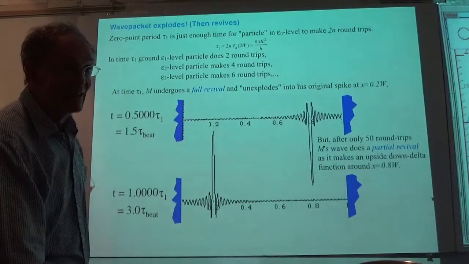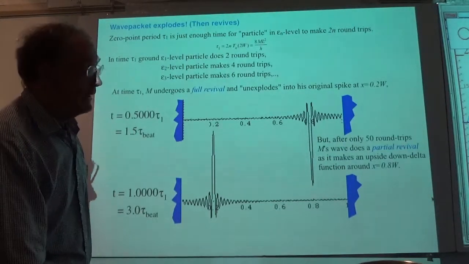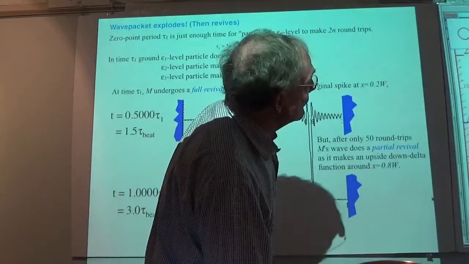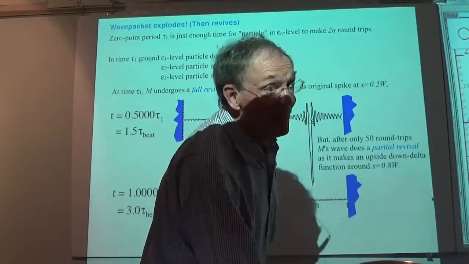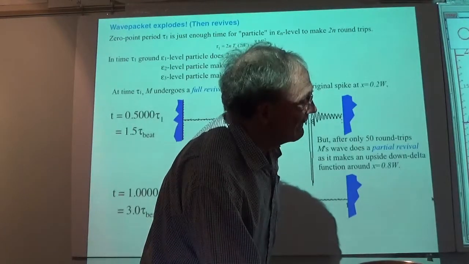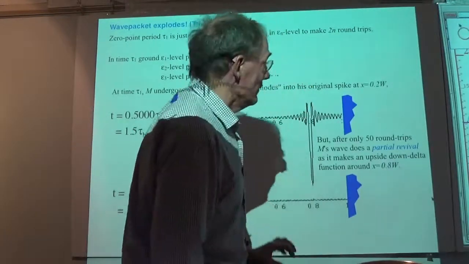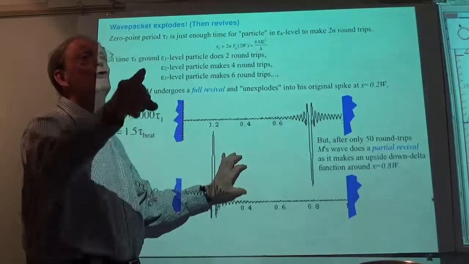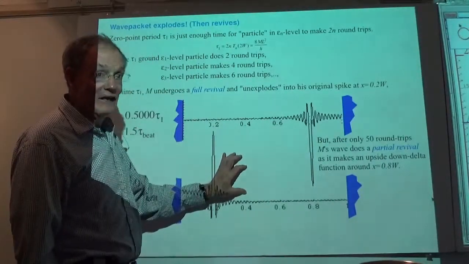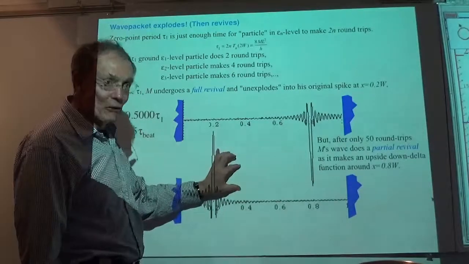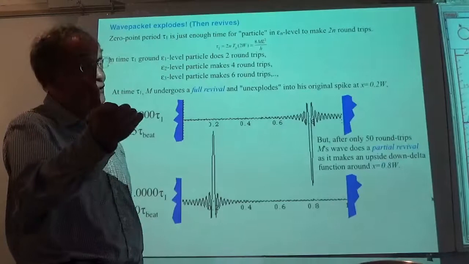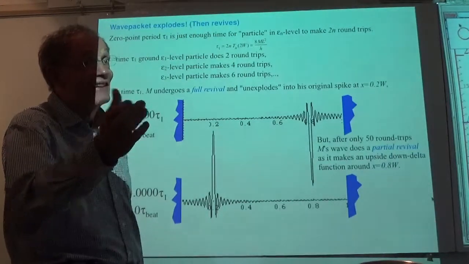It's not actually 1 hertz. It is in 1 over tau 1. Tau 1 is the period associated with nu 1. And nu 1 is just the first gap, the zero point energy in this case.